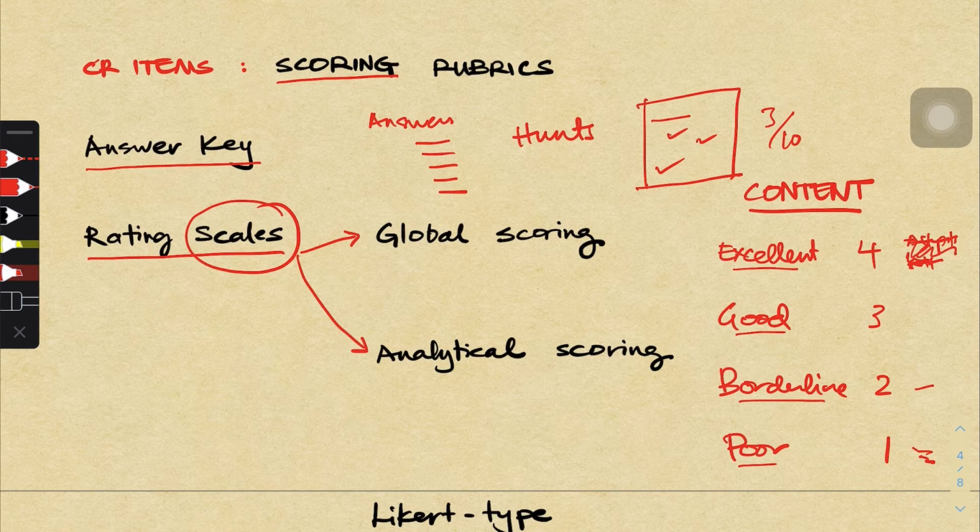The definition of good may not be as strong as excellent, but it quotes some references, and so on. What is borderline, what is poor. So you can have as many domains as you think are important: content, argument, language.